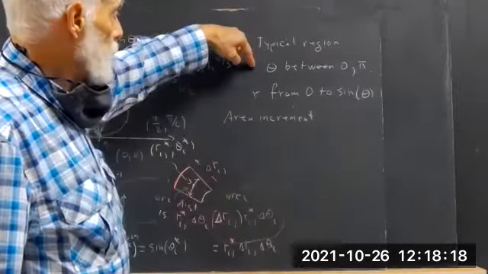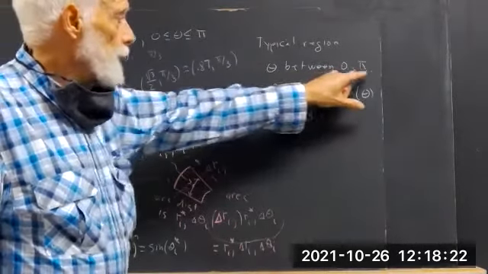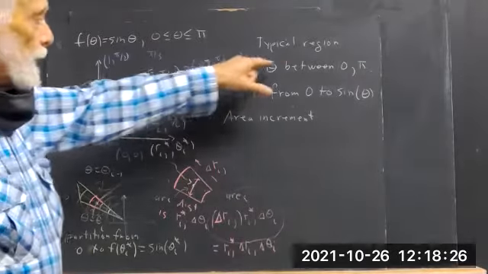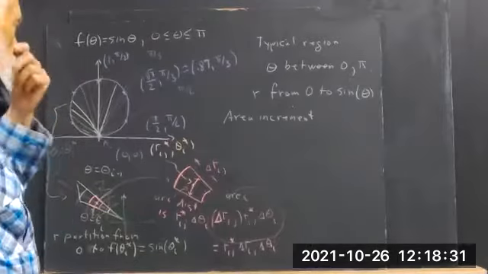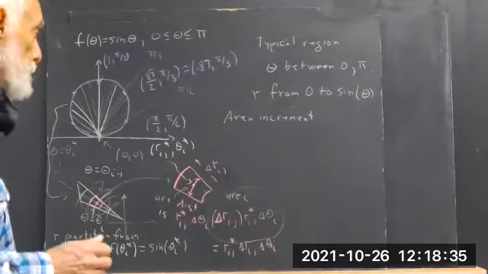Well, your typical region then, your theta is between 0 and pi. Instead of theta, now we're just going to say theta runs from 0 to pi. So theta runs from here to here, and R runs from 0 to sine theta along any value of theta.